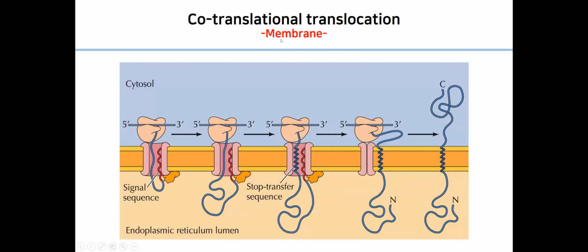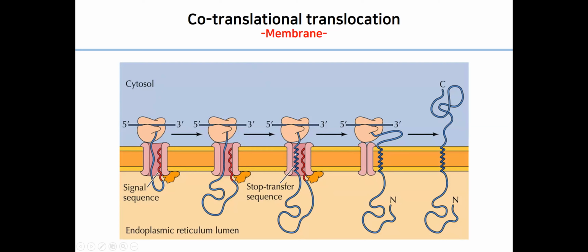In the case of a membrane protein, the complete translocation happens by a slightly different mechanism from the secretion protein. The growing polypeptide is translocated through the channel until the stop transfer sequence is encountered.